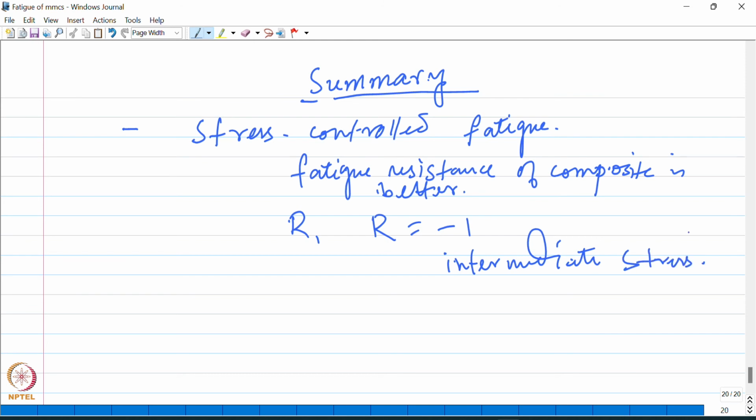The difference in the fatigue lives is not significant at low and high stresses.